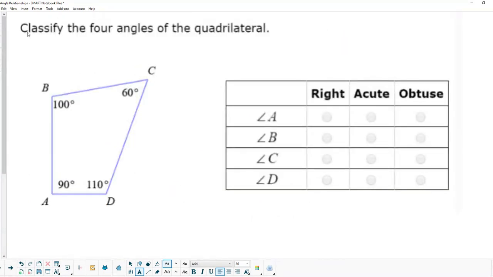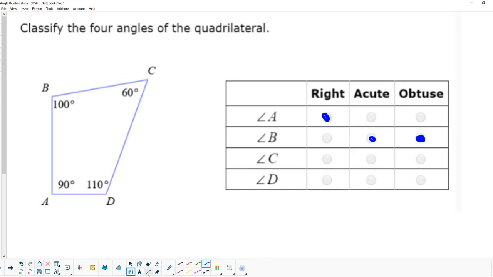So if we take a look at this shape right here, looking at angle A, that looks like it's a 90-degree angle, so that would be a right angle, right? If we were doing this on Alex, we would just mark that box right there. Angle B is 100 degrees, which makes that an acute angle, or excuse me, an obtuse angle.